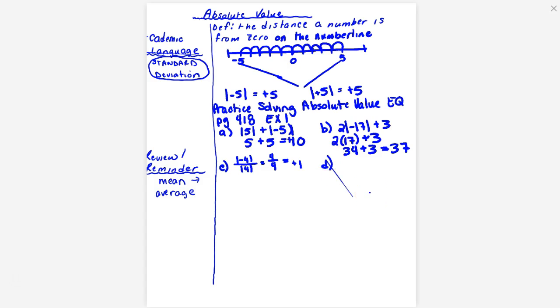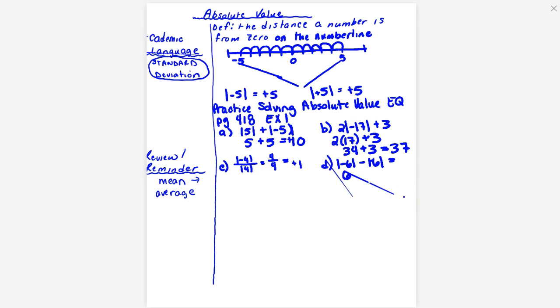D, the absolute value of negative 6 minus the absolute value of negative 6. Okay, what does that equal? So let's turn these in. We have the absolute value of negative 6 is just 6.